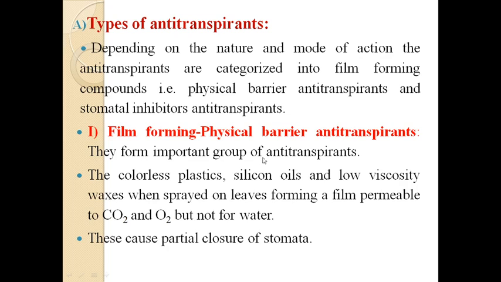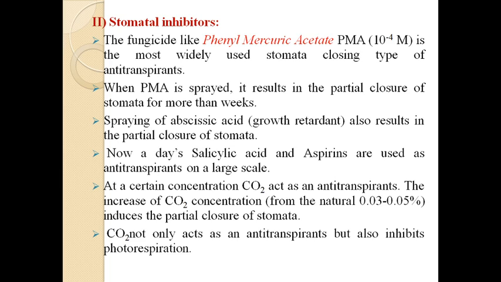They form an important group: colorless plastics, silicones, oil, and low viscosity waxes. When spread on the leaves, they form a very fine film permeable to carbon dioxide and oxygen but not to water, and this causes partial closure of stomata. So this is the first type.